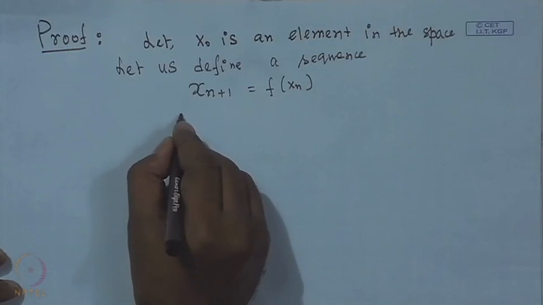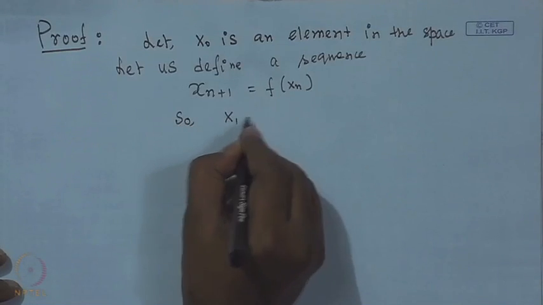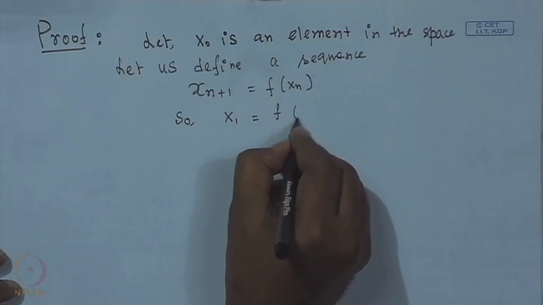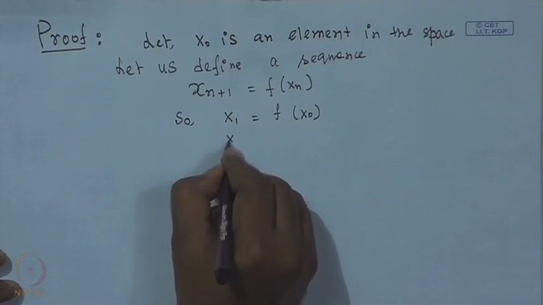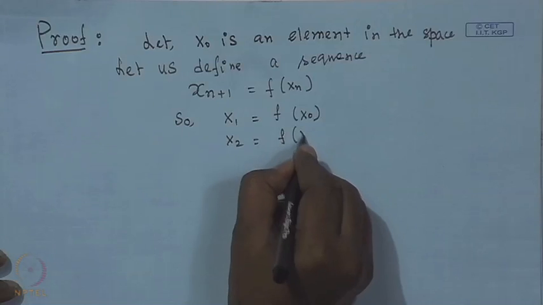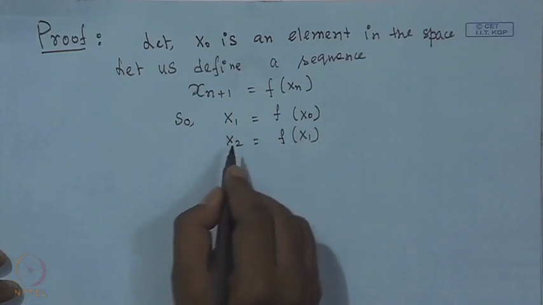So, therefore, x 1 is nothing but f of x naught, x 2 is nothing but f of x 1, likewise.